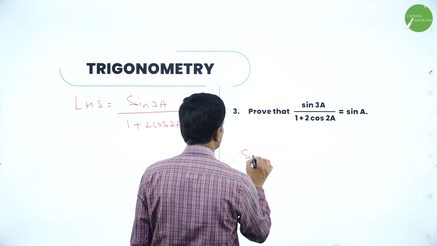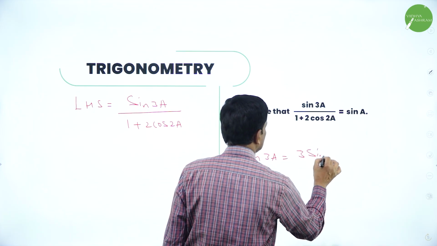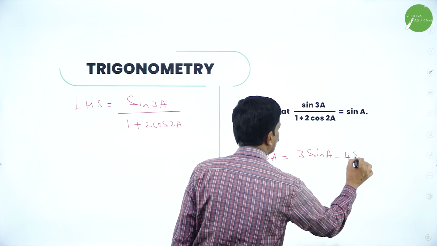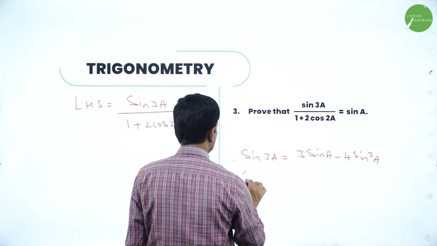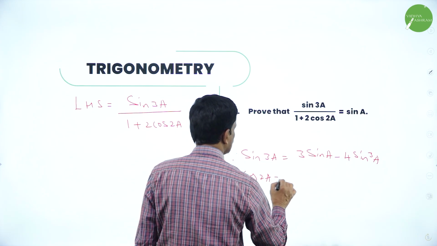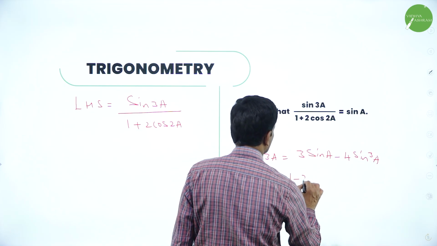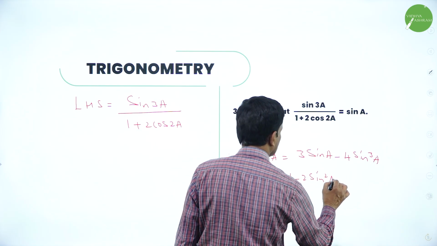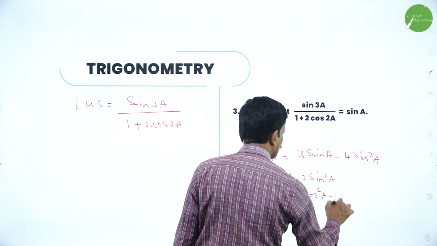Since you know the formula, sin 3A is equal to 3 sin A minus 4 sin cube A. Now, what is cos 2A in terms of sin? Cos 2A is equal to, there are two formulas, 1 minus 2 sin square A, or another one, 2 cos square A minus 1.